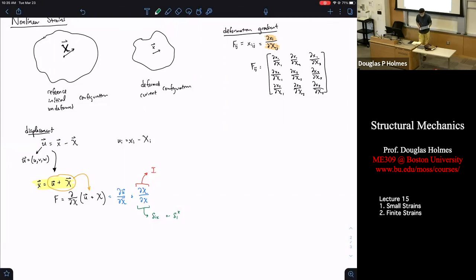So we would write in direct notation dU/dX plus I, or in index notation Fij is equal to Kronecker's delta delta ij plus ui comma j.